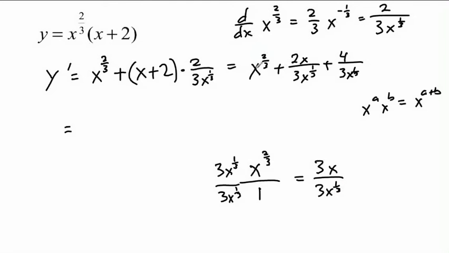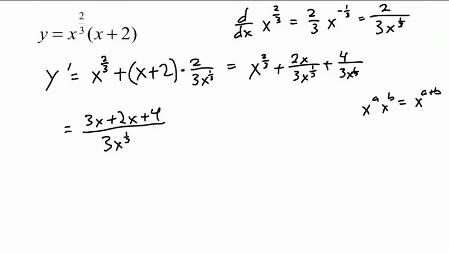Now, if I replace this with this, and I get a common denominator and put them all together, I'm going to end up getting 3x plus 2x plus 4 all over 3x to the 1/3. All right. Now, at this point, I'm going to combine like terms. So I'm going to get 5x plus 4 all over 3, and instead of x to the 1/3, I'm now actually just going to call this the cube root of x.